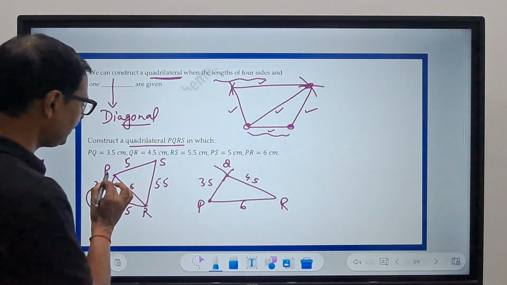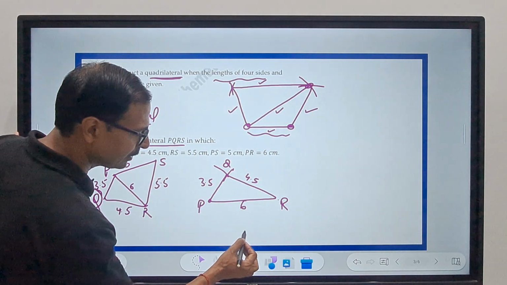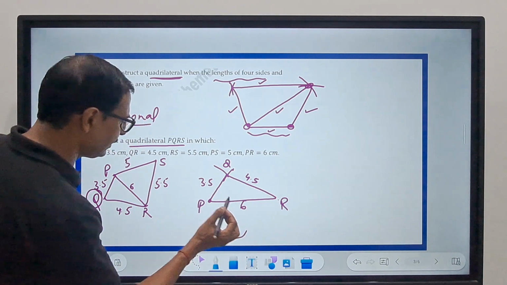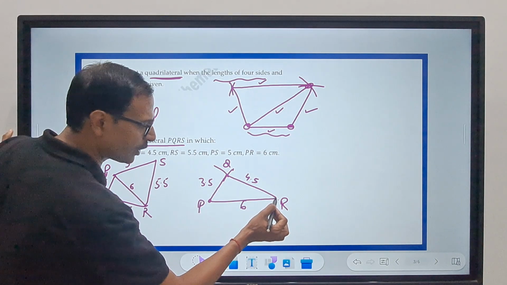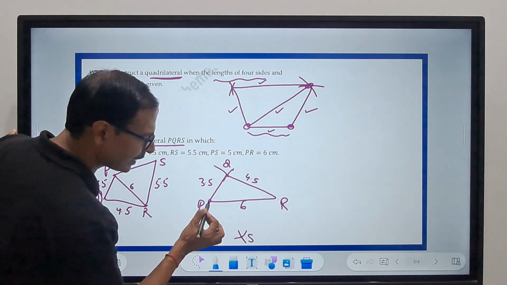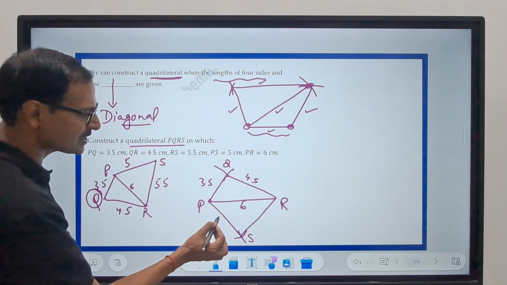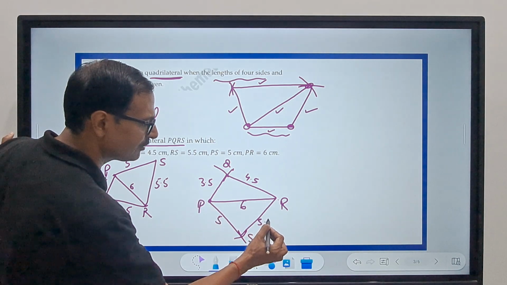Likewise, PS is 5. So from P I will mark an arc here, and RS is 5.5. So from R, with 5.5 radius, I will mark an arc, and this is my S. I'll join it like this and I get my quadrilateral PQRS, because PS is 5 and RS is 5.5.